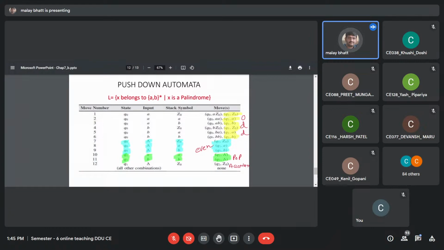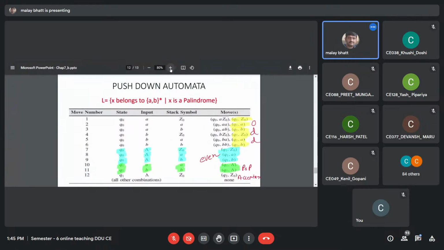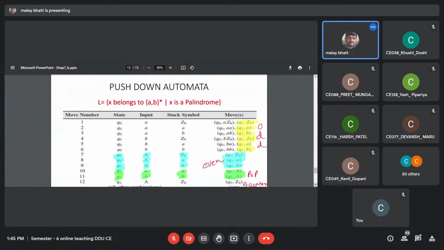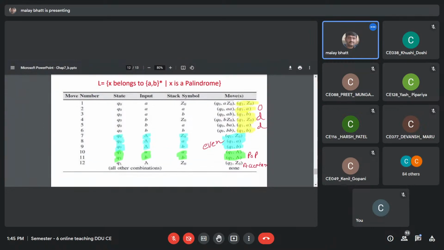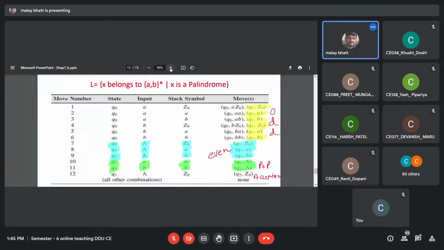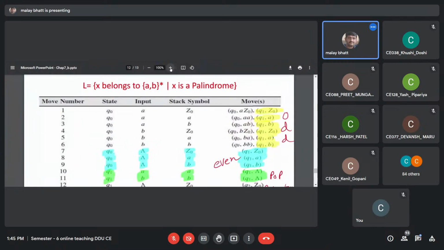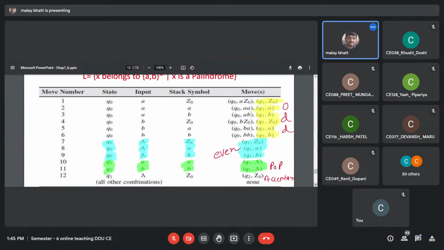Now rule number 7, 8, 9. Can you see rule number 7, 8, 9? So what is the significance of that rule number 7, 8, 9? Yes, can anyone tell what is the significance of rule 7, 8, 9?